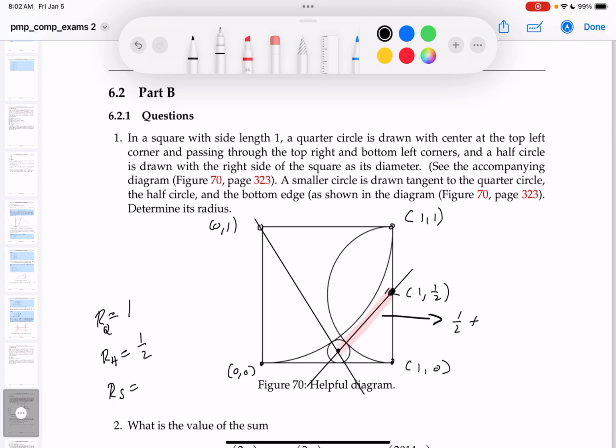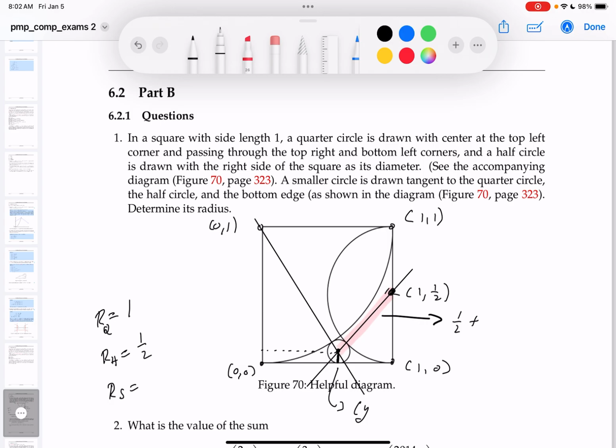I'm just going to call it, you know what I could call it? I guess I could call it Y, indicating that this point over here would be Y.